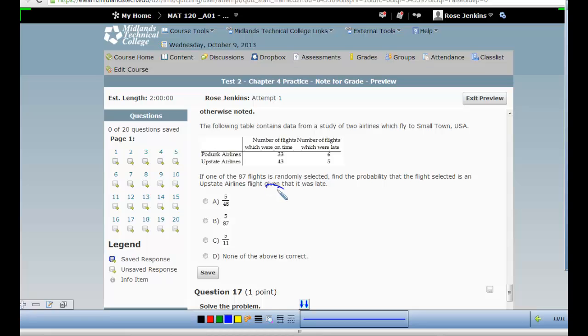That's right. Okay? So if we're given that it's late, then we're ignoring those that are on time. All right? So now we've got altogether how many? 11, and we're interested in probability that it's an upstate airlines, so it's going to be 5 over 11.